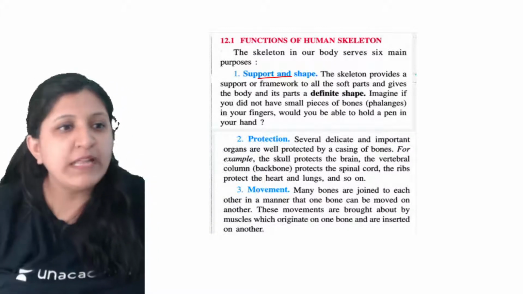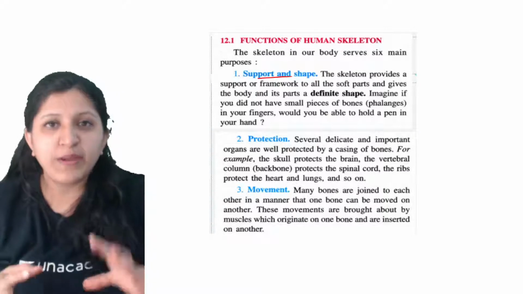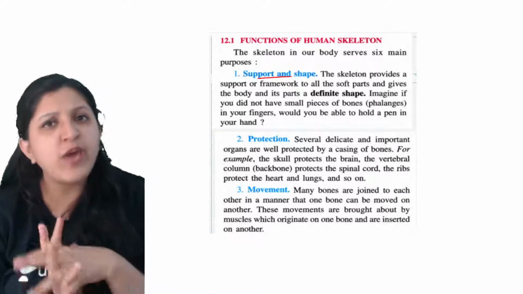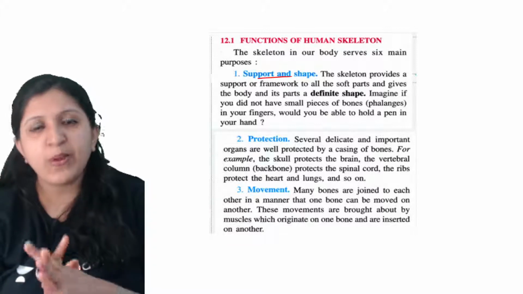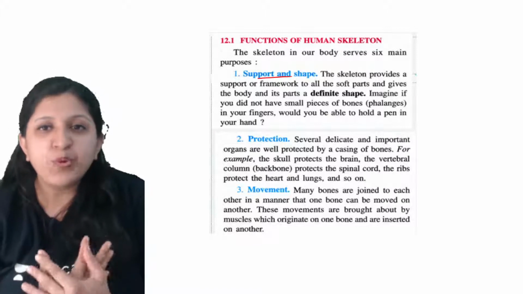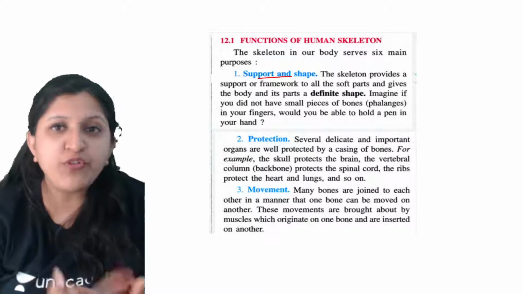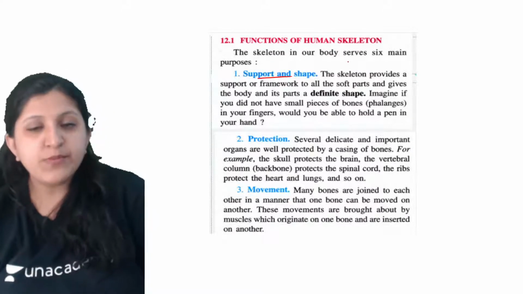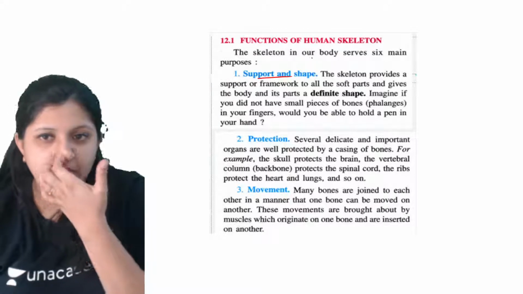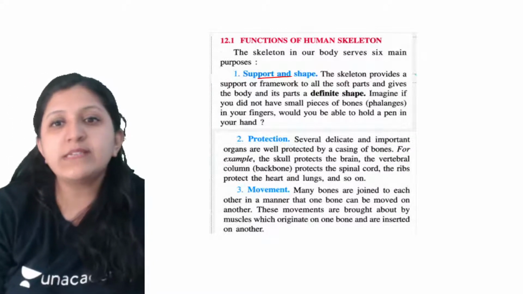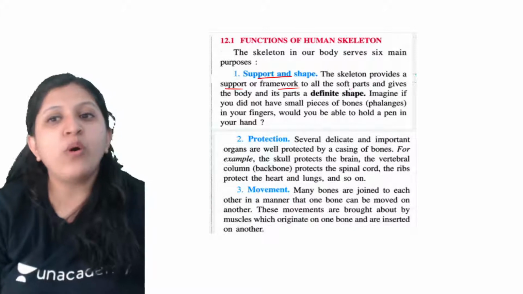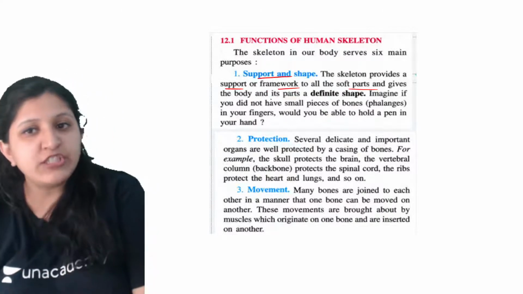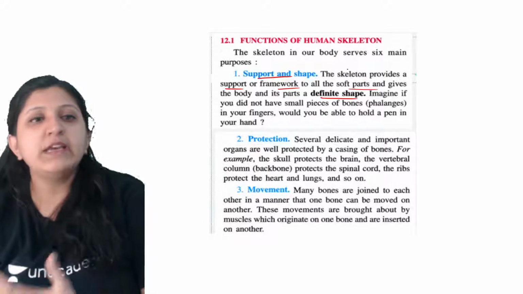We are all in this particular shape, and for standing or sitting, any position that you are in, the support is provided by this supportive framework, that is, the bone. The skeleton provides support or framework to all the soft parts and gives the body a particular shape.